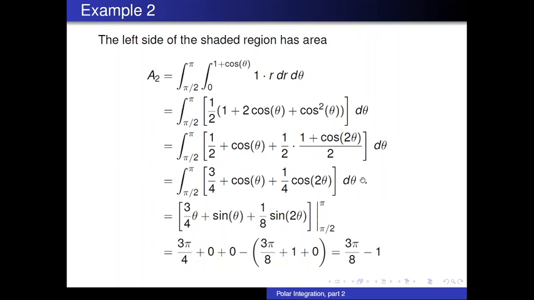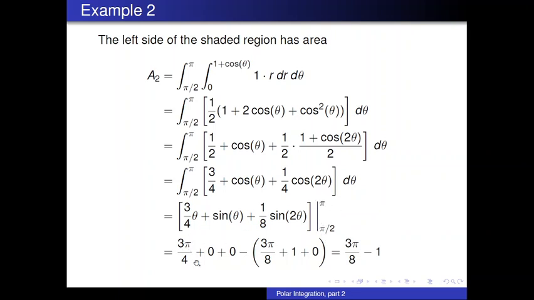Well, what we get is 3/4 theta plus sine of theta plus 1/8 sine of 2 theta. And we'll evaluate this at theta equals pi and theta equals pi over 2 and take the difference.